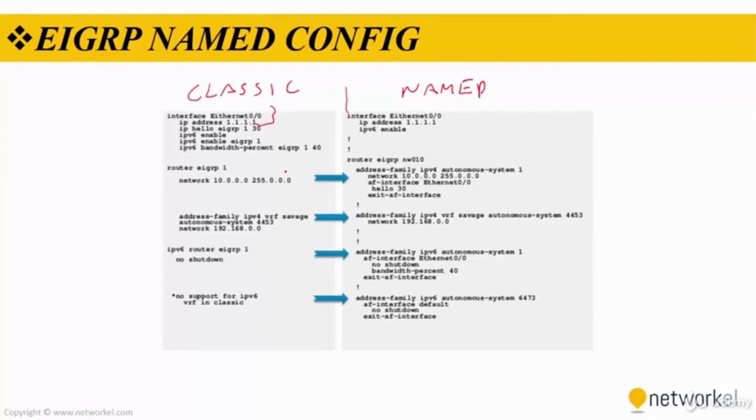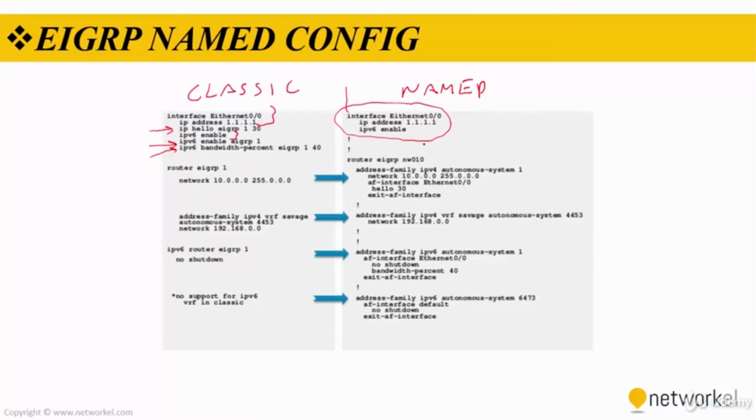Okay. Then we are enabling IPv6. Okay, these are the same steps in the named mode too. What is different are the commands ip hello-interval eigrp 1, ipv6 enable eigrp 1, and ipv6 bandwidth-percent eigrp 1.